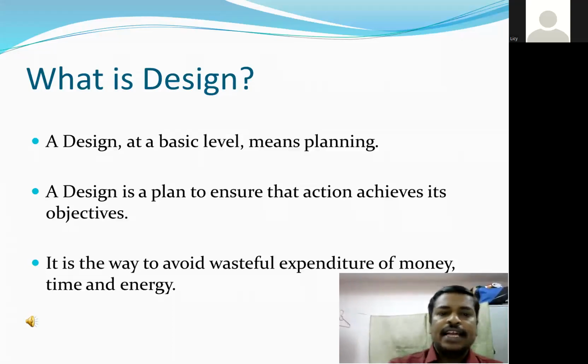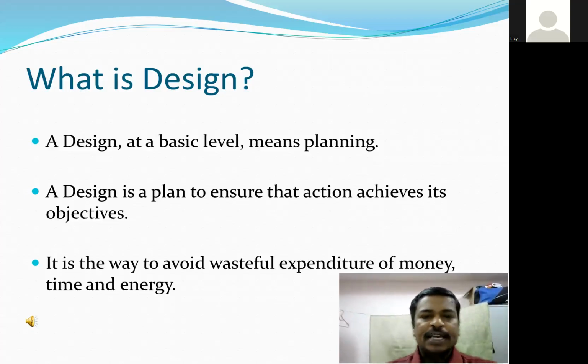A design, at a basic level, means planning. How will we frame your research? How will we collect the data? What tools will you use to analyze the collected data? Everything is planned before you conduct your research.